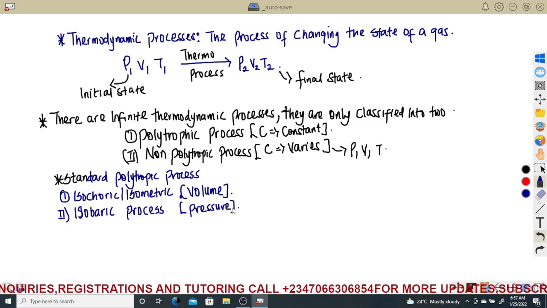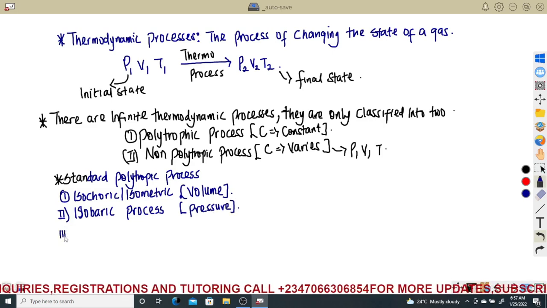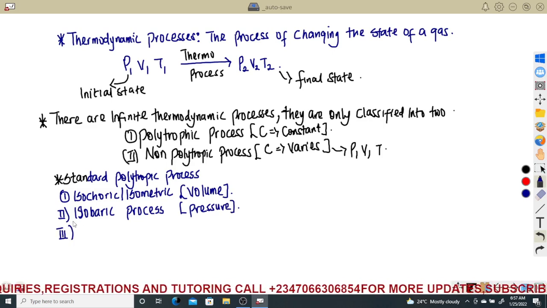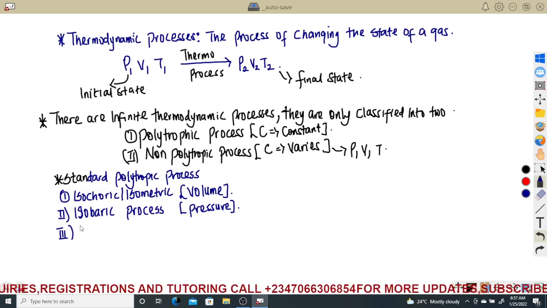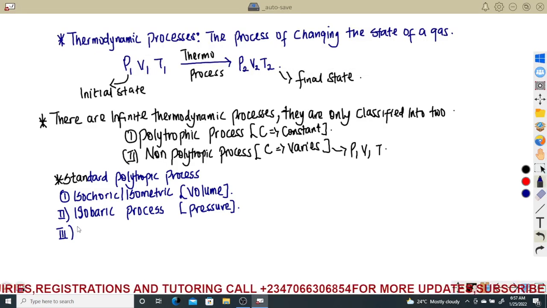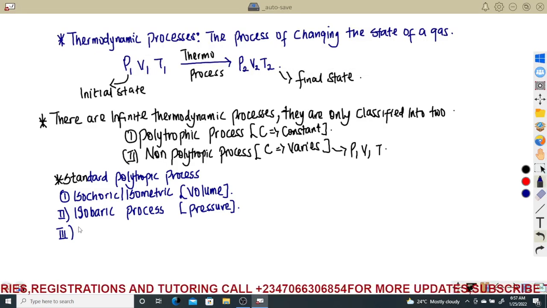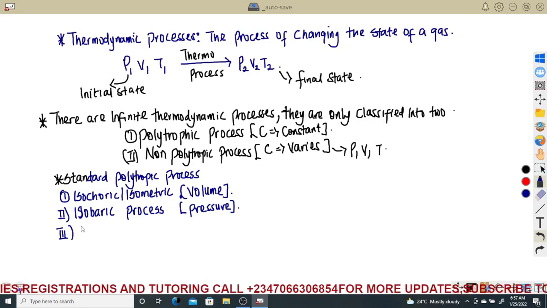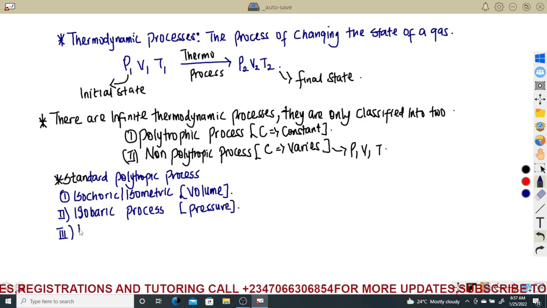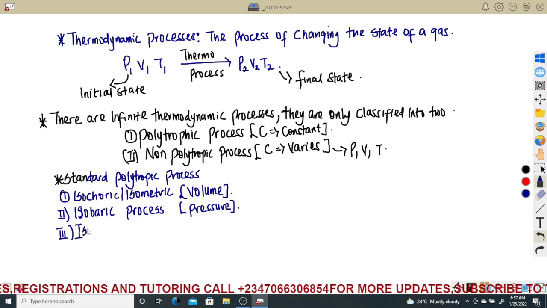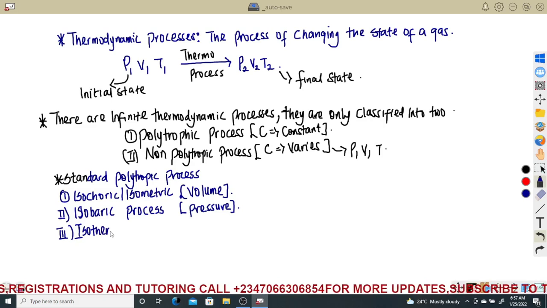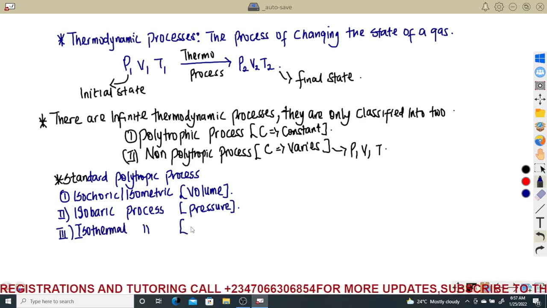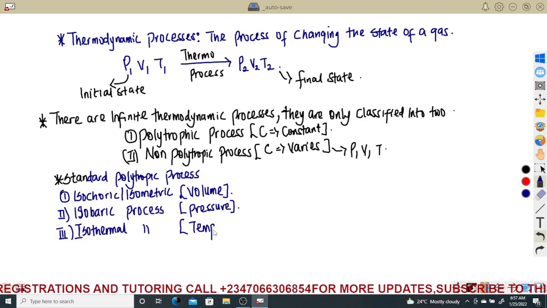Let's note that. The third standard process we talk about is isothermal. From the word isothermal, I know most of you are used to that. Isothermal process means the temperature is constant.